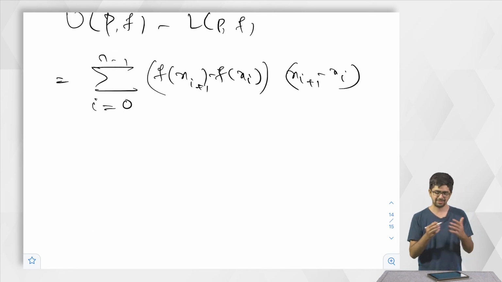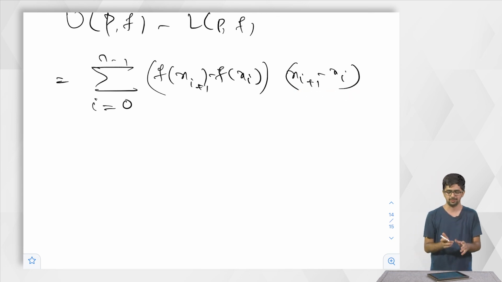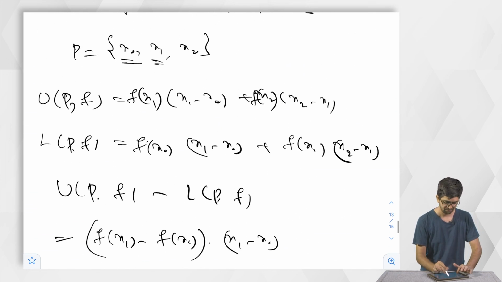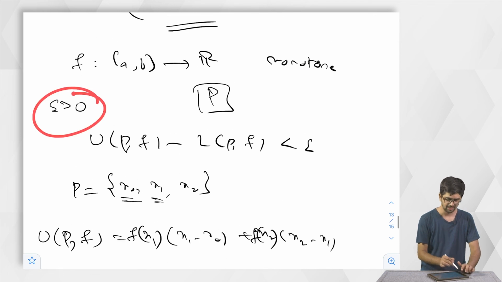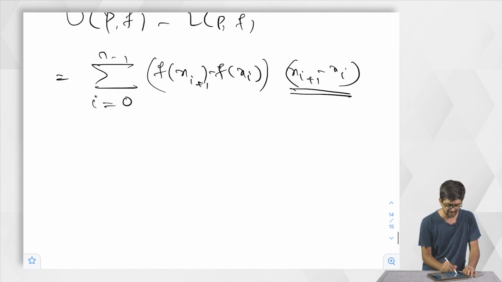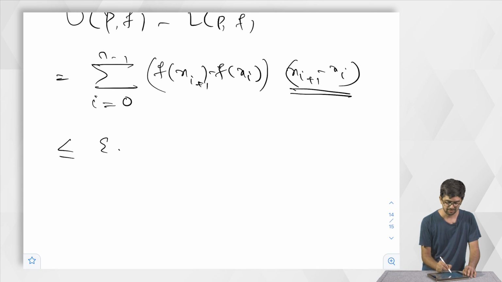Now we are using the same trick that we used previously. One can choose the partition P such that this thing has a common bound. So I am choosing a partition P such that this distance is less than epsilon. Epsilon is given, right? So I can choose that everything is less than epsilon. So now what I have is less than or equal to, or strictly less than, the summation, and there is epsilon at each point, so I can just take epsilon out.